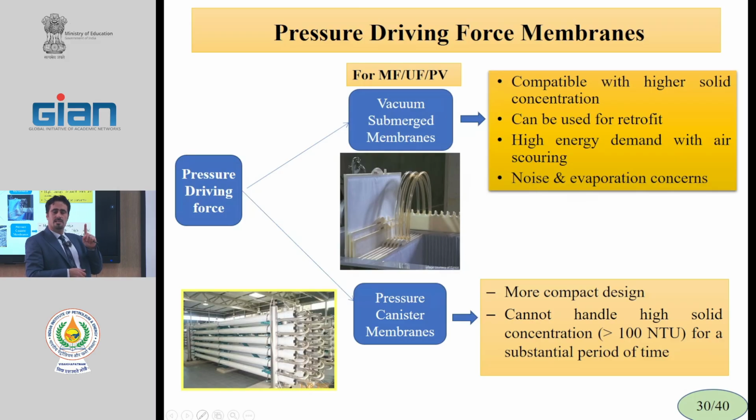We can only produce 1 atmosphere of vacuum, and therefore this method is used for MF, UF, and pervaporation membranes, because in these processes we need lower pressure.